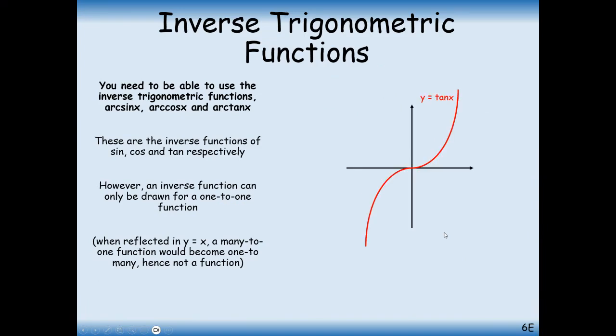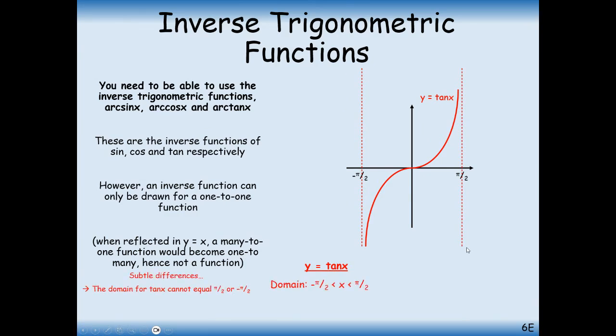The tan curve. Now, when we take its domain to be between negative pi over 2 and positive pi over 2, we already have a perfectly one-to-one relationship between input and output. Here, we make sure that we don't include the equality signs in the domain, because pi over 2 and negative pi over 2 themselves cannot be included.